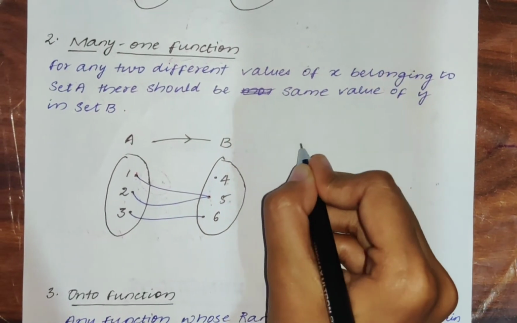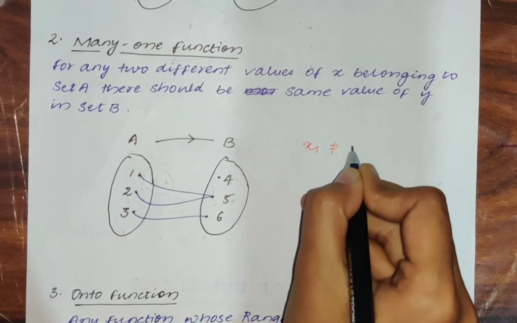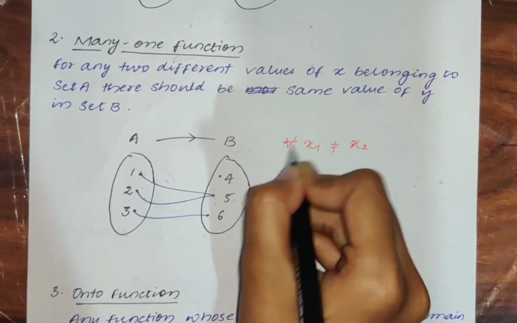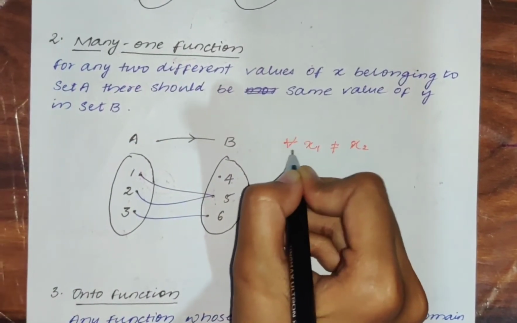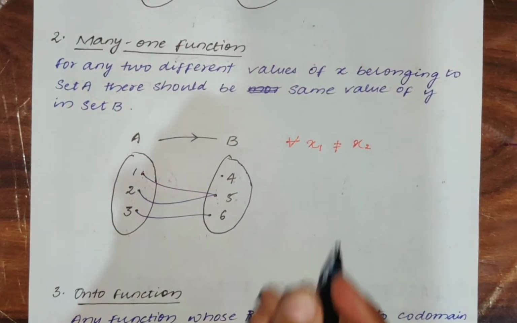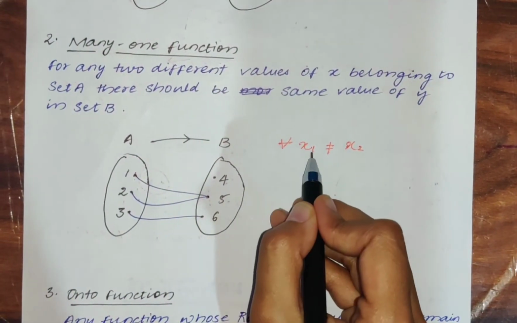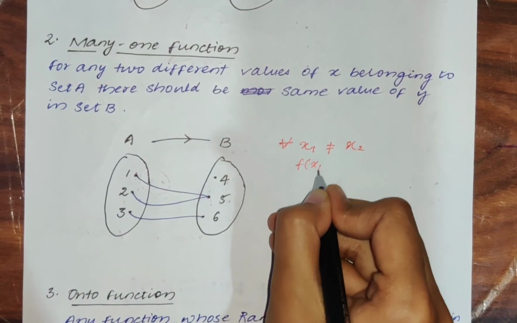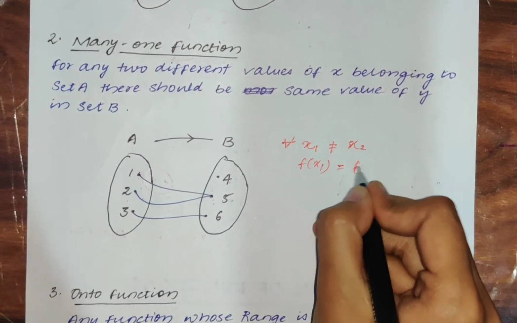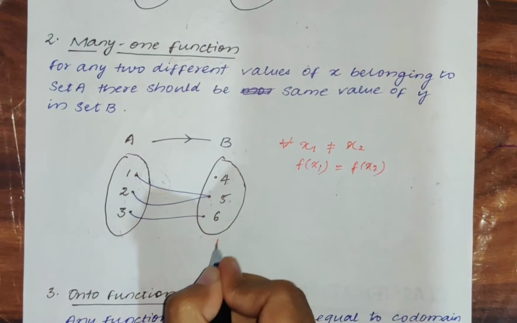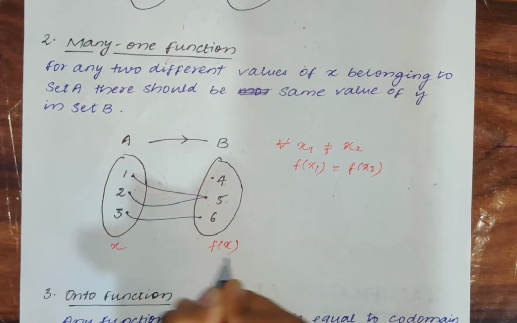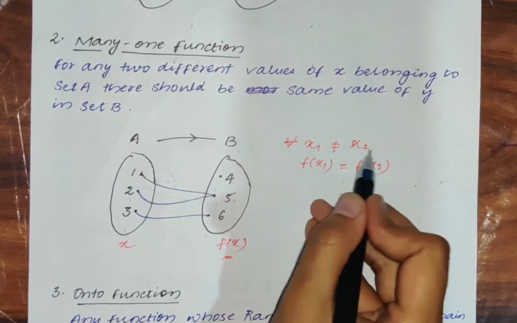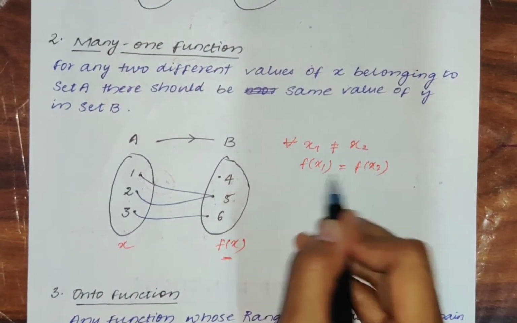If I take x1 not equal to x2 for all, the symbol is termed as for all. In mathematics, the symbol is denoted for all. For all x1 not equal to x2, f of x1 is equal to f of x2. So two different values x1 and x2 will have the same image.